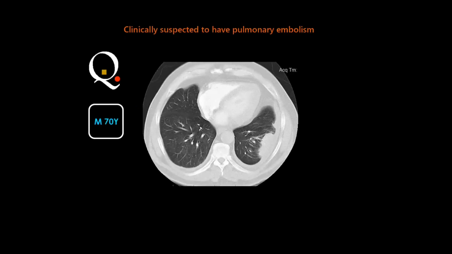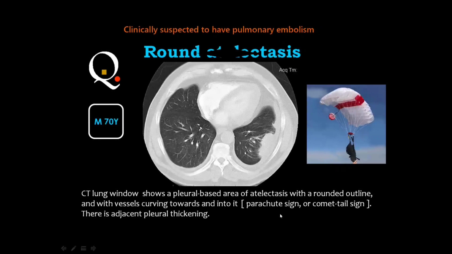This patient is clinically suspected to have pulmonary embolism, and they had this CT scan. Yes, and this is one of the names of this lesion, helical atelectasis or round atelectasis. And this round atelectasis has a very characteristic appearance on the CT scan.